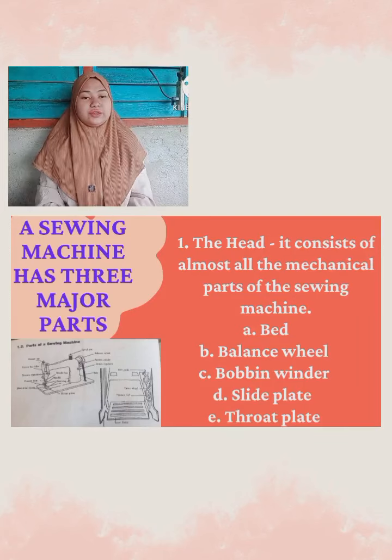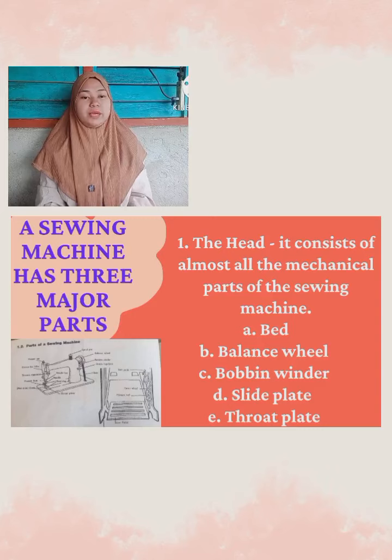First, let us talk about the head part. The head consists of almost all the mechanical parts of the sewing machine. As you can see, I provided a picture which you can use to follow me when I read the parts, so you can visualize it.